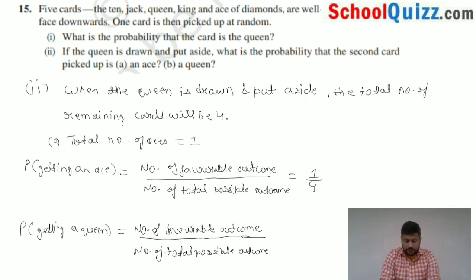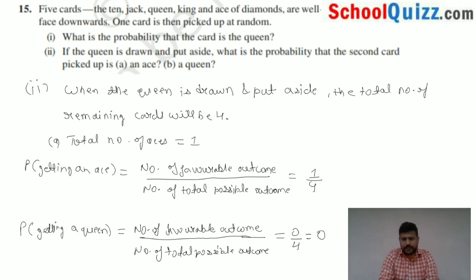So here the favorable outcome for a queen after drawing a queen is 0, and the total number of possible outcomes is 4. So we have 0 by 4 as the probability of getting a queen, which is ultimately equal to 0.